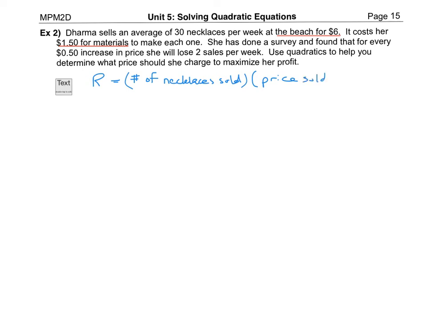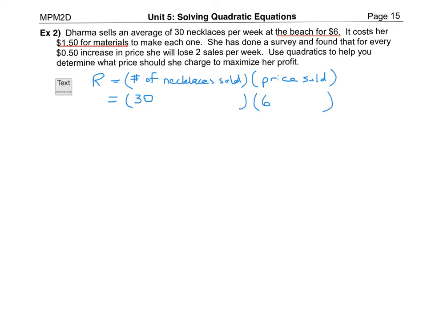So you can see that this is going to change depending on how many increments of 50 cents we choose to sell them for. So when we set these up, we've got to factor these things in. Our number of necklaces sold started at 30, and the price they sold for started at 6.